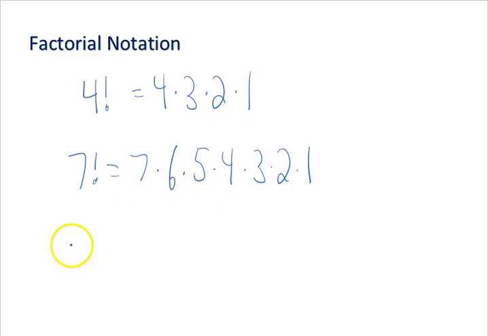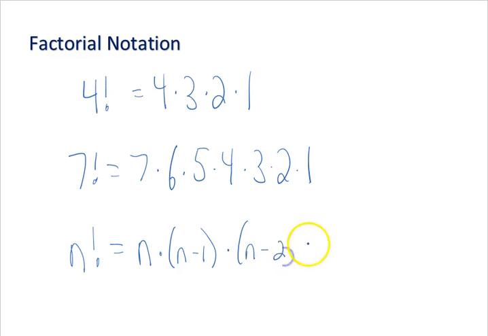If you're trying to write it for an amount that's unknown, so n, it would be n times n minus 1 times n minus 2 times, and I'm going to put 3 dots because it depends on how big that n is, and so I'm going to miss whatever's in the middle, and the last 2 would obviously be 2 times 1 because you would always multiply all the way down to 1. So that would be a way to write it if needed.